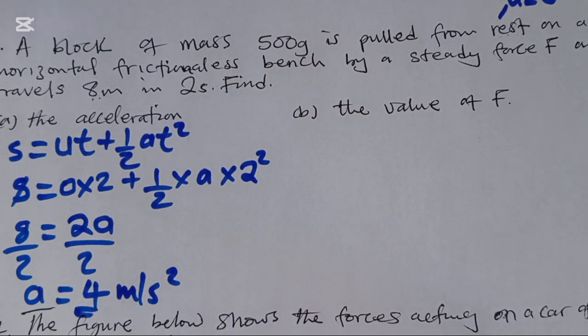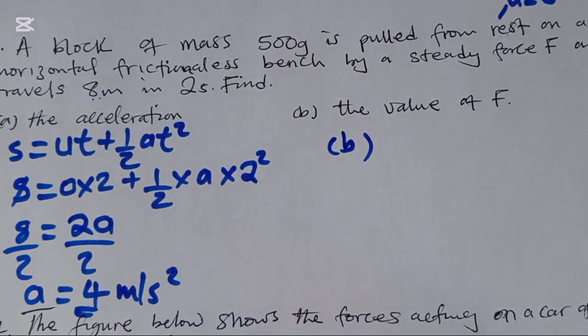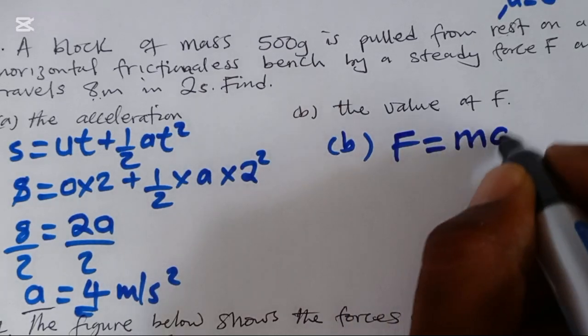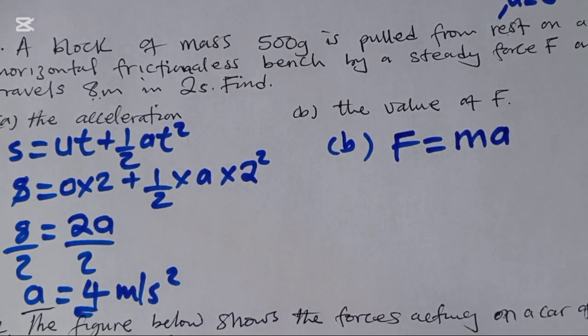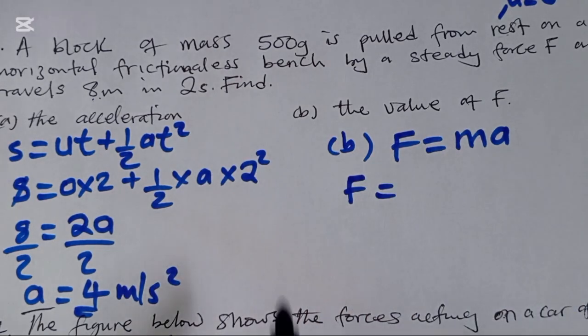Then part B, find the value of F. So F, it is force. So remember that force is equal to mass times acceleration. So force is equal to mass times acceleration we have, it is 500 grams.